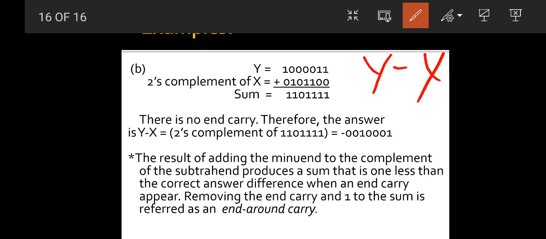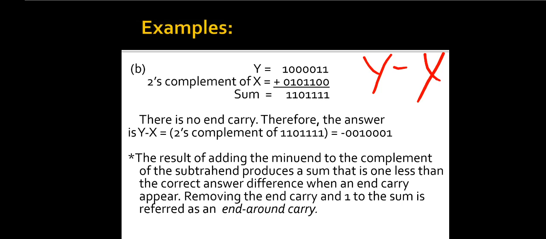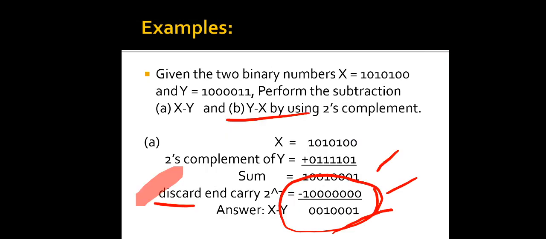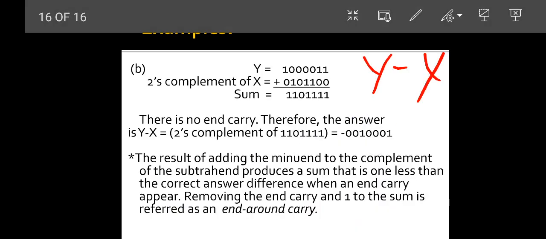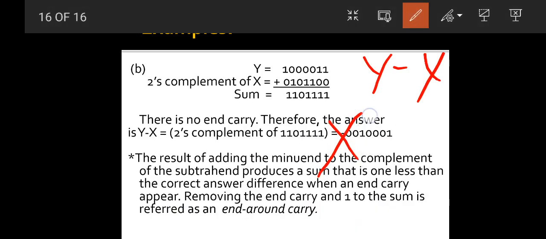So you reverse the value, using y minus x. Your x is greater than your y, so y will be less than x. So we will use the third process, which will not produce an end carry.